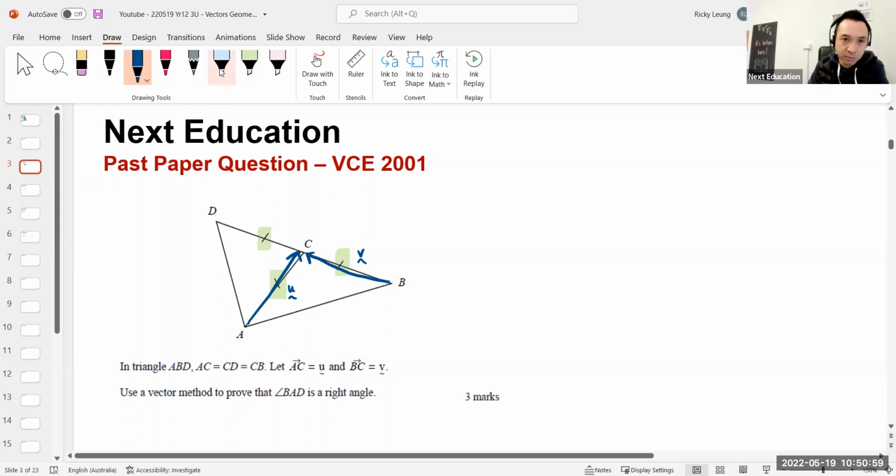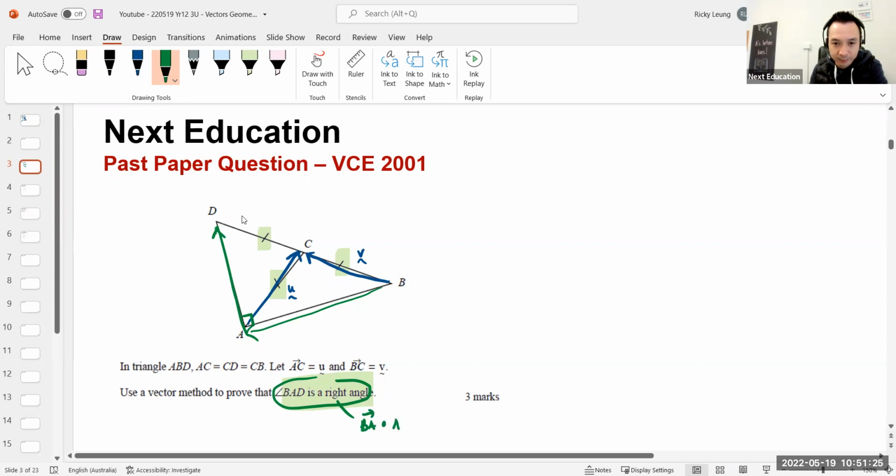Now, there you go. The moment you see prove that it's a right angle, where's BAD, this guy here, the way I would do it is potentially prove that BA dot product with AD is equal to 0, then it's a right angle.